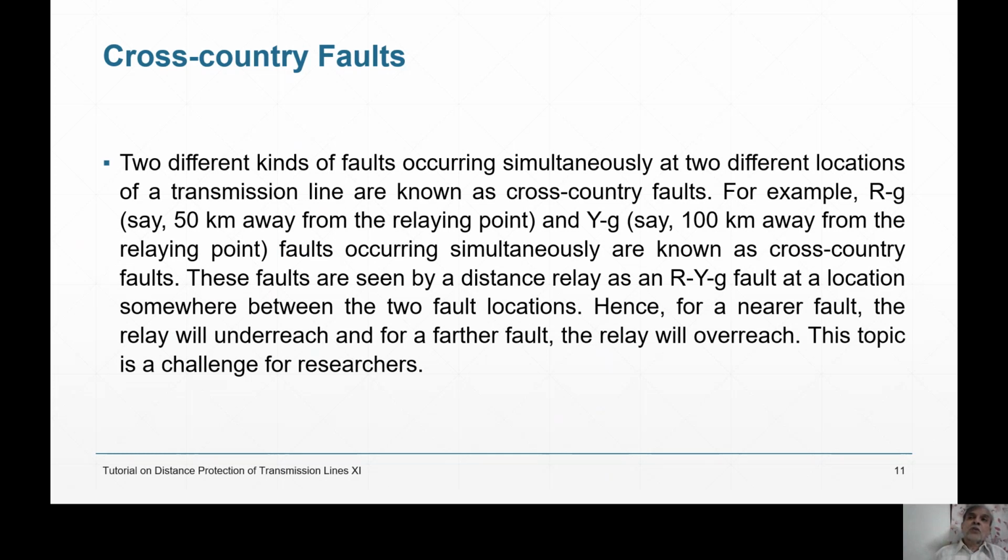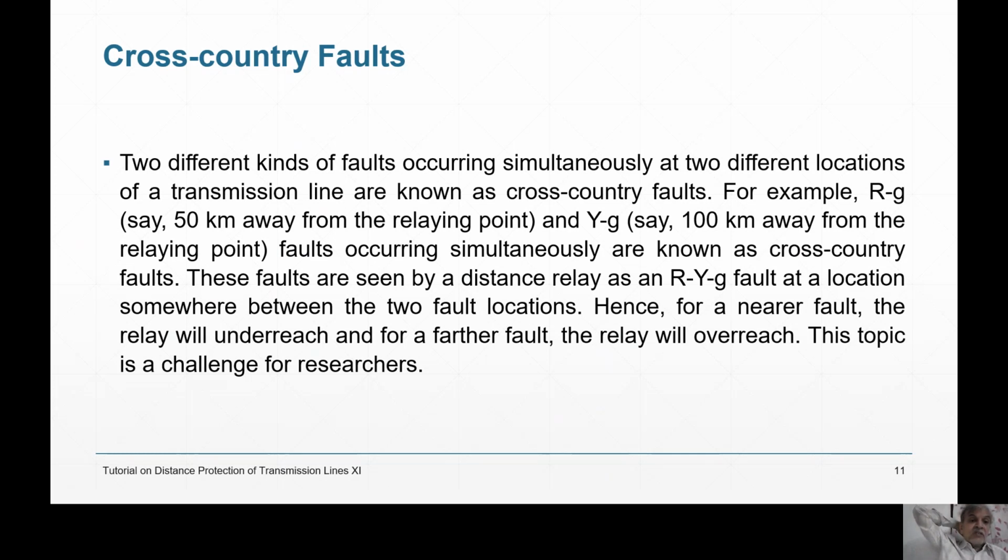And unfortunately, it sees the fault neither at 80 kilometers nor at 160, but probably at the average of the two: 80 plus 160, that is 240, divided by 2, so 120.